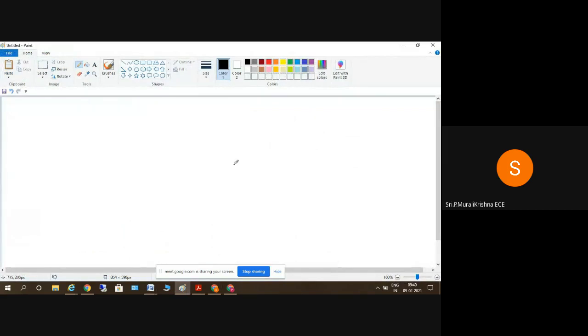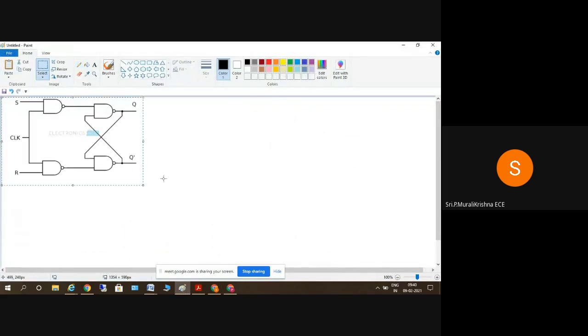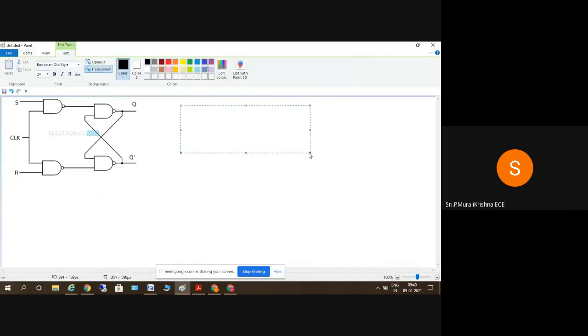Take down this diagram. This is the SR flip flop. We'll be applying the clock here instead of the enable signal in the case of flip flops, whereas latches don't have any clocks.